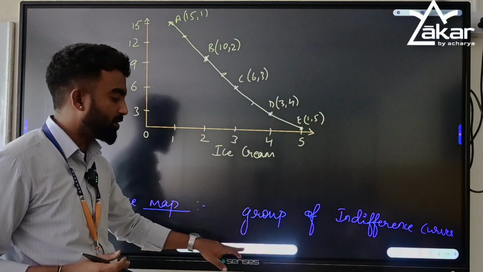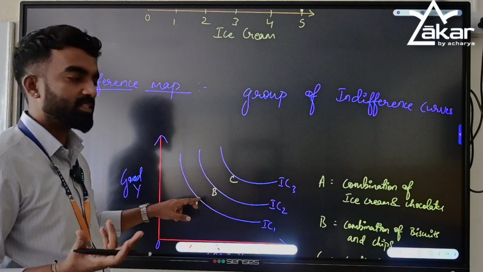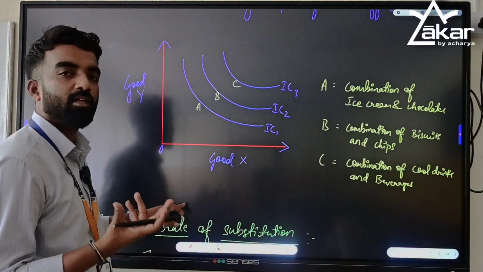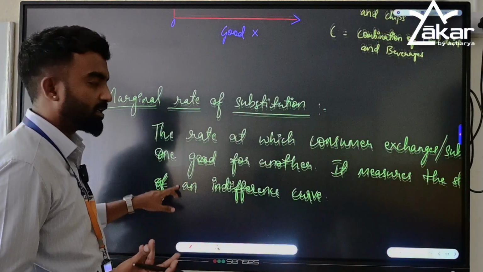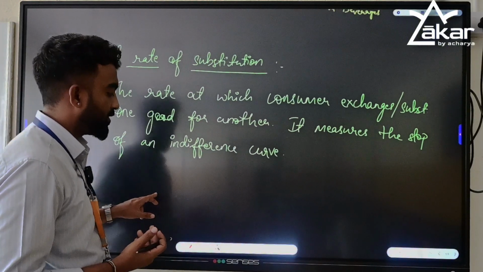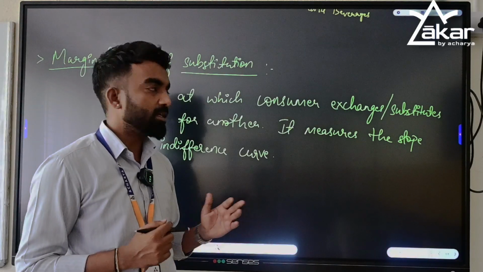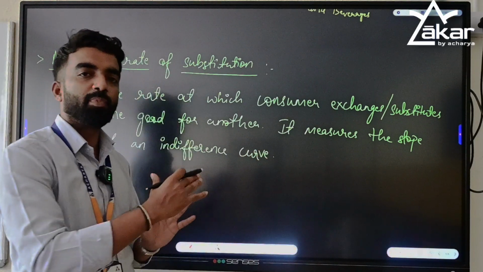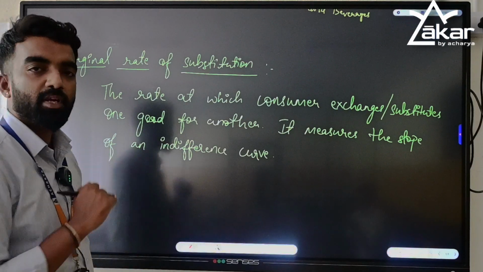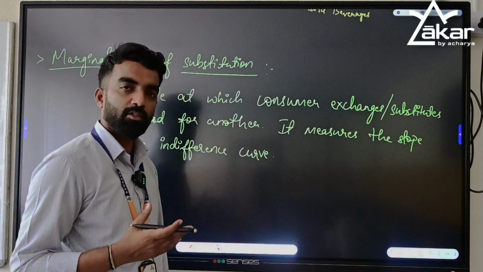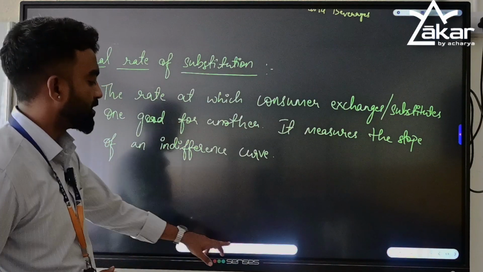You cannot buy n number of whatever you want because you have scarcity of resources, nothing but income. We have studied this in our previous classes. So what the marginal rate of substitution does is that it measures the slope of the indifference curve. You might have understood the meaning of marginal rate of substitution.